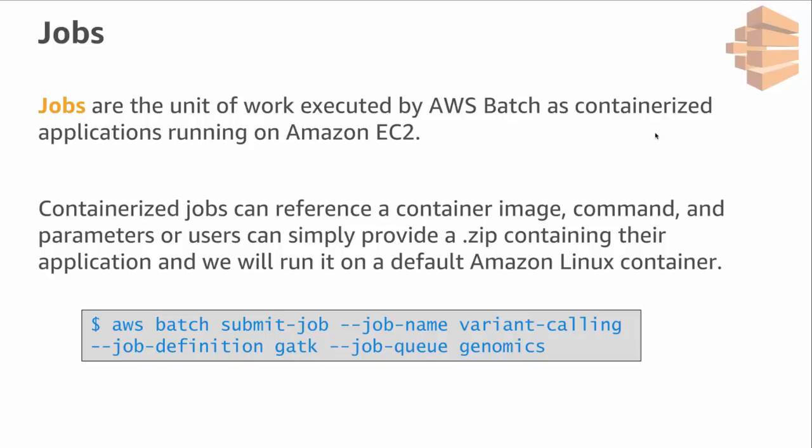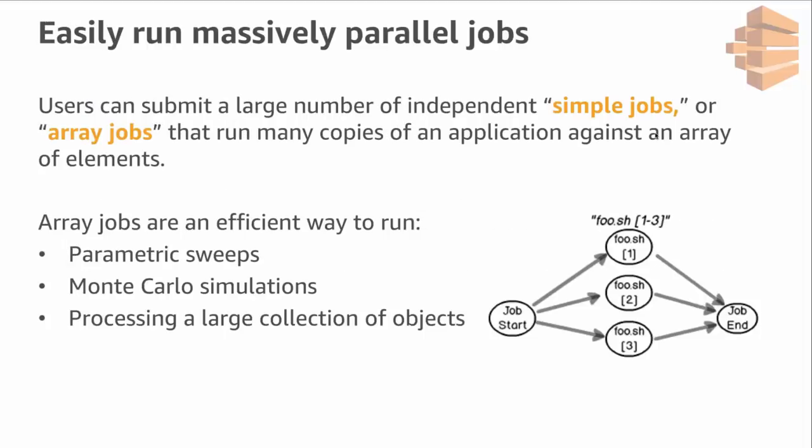It's also quite easy to run jobs massively in parallel with AWS Batch, right? So users can do that two different ways. They can submit a large number of independent simple jobs, or you can run an array of jobs that runs many copies of an application against an array of elements, right?